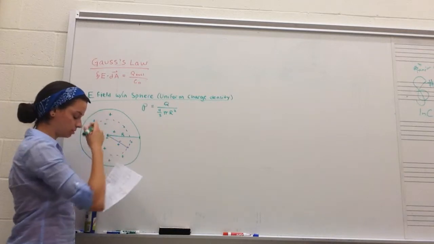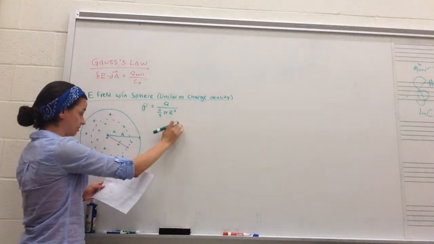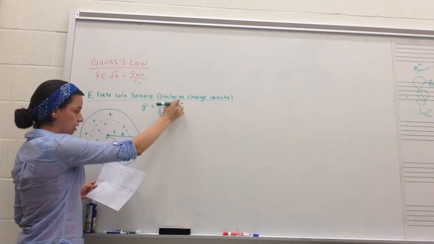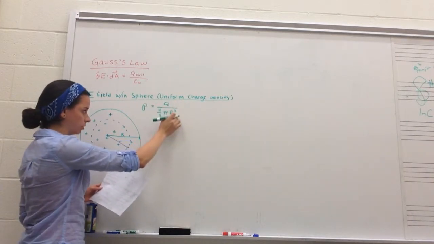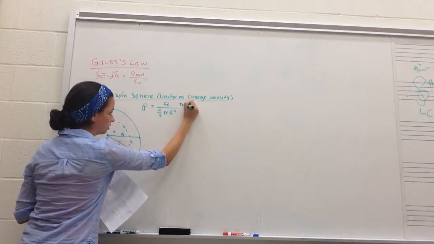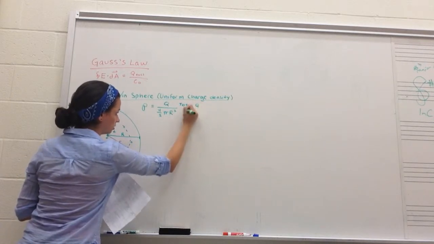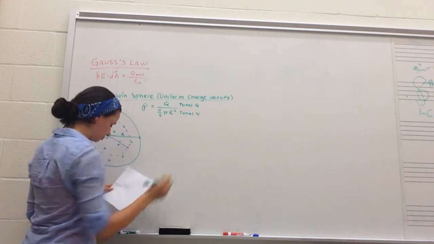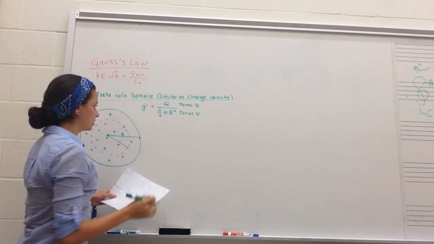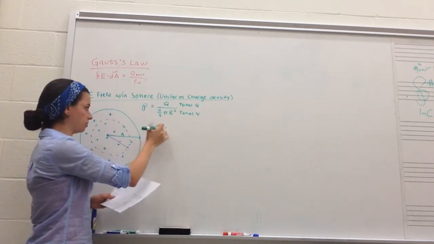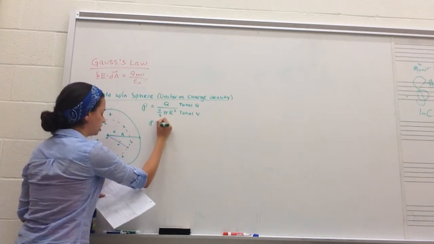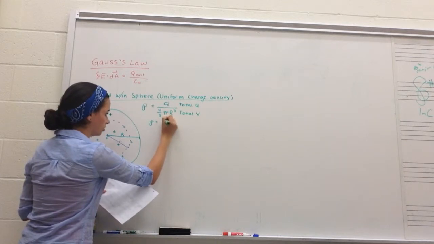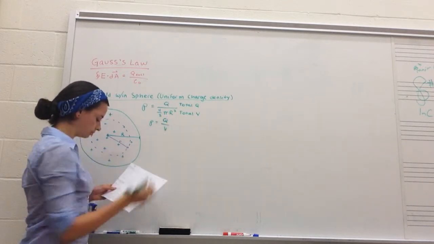Oh, excuse me, this is the total volume of a sphere. And it's the total charge divided by the total volume, and that's important to remember, so I'm going to write it next to it. Over the total volume. Alright, and that comes from the same relationship that we had before. Rho equals the charge over the volume.